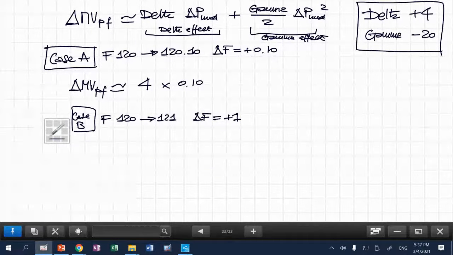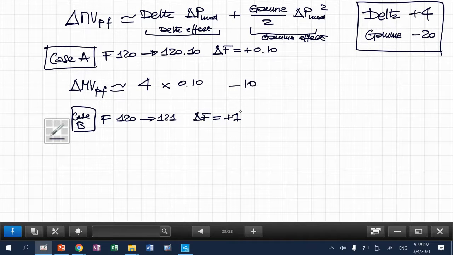Now, here we are gamma negative. So the idea is that the curvature is playing against us, which means that we know that we are not making as much money as delta would tell us. We're making for sure less, okay? Why is this the case? Because gamma divided by 2 here would be -10, okay, -20 divided by 2, which is multiplied by 0.10 squared.